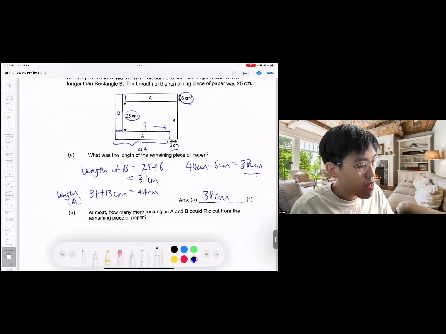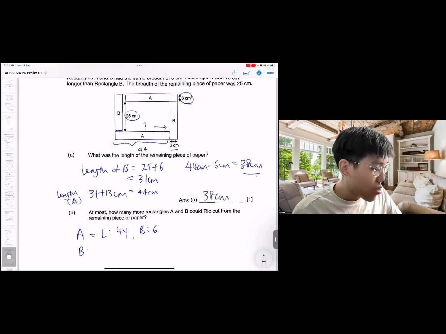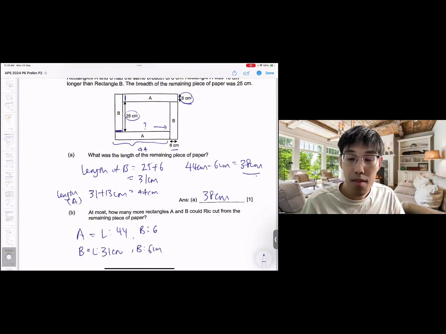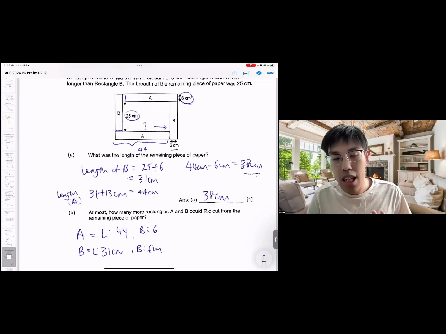Okay, first of all, we know that A has a length of 44. Breadth is 6. Okay, that's for A. For B, the length is 31 cm, and the breadth is 6. This is what we know so far. We collate here first. If not, you see everything in the diagram and you also get blur. Right or not?